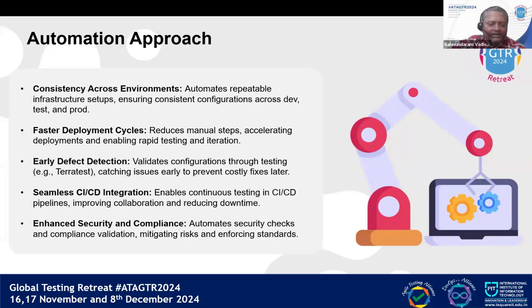We identify the defects early using Terratest kind of tools, so the cost will be very low if we find the defects in an earlier cycle. Because of cloud adoption, continuous testing and the CI/CD pipeline are also integrated with infrastructure provisioning. That also helps to reduce downtime. Finally, security and compliance can also be automated along with the deployment process.